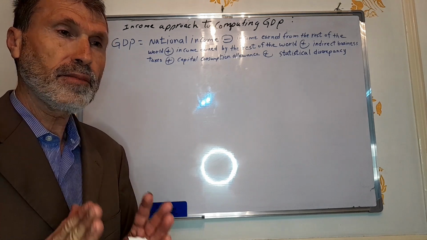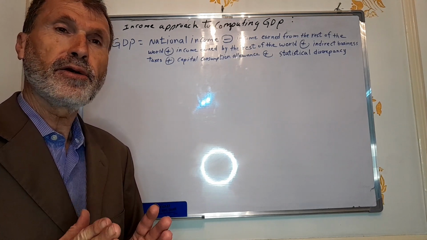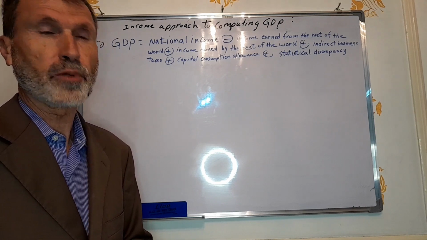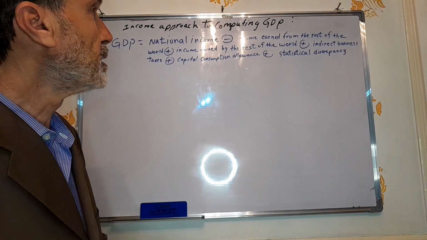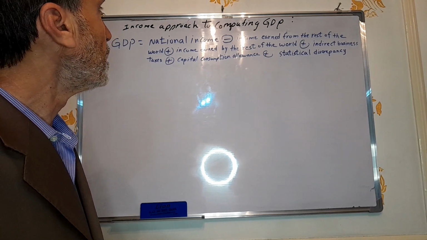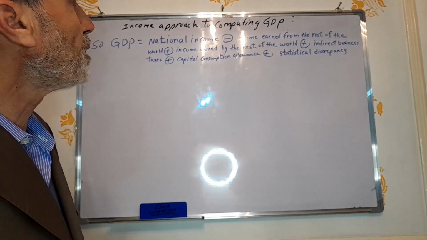This is the income that national citizens earn by producing and selling abroad. So we have to subtract this income that is earned from the rest of the world. Then also we have to add the income earned by the rest of the world.